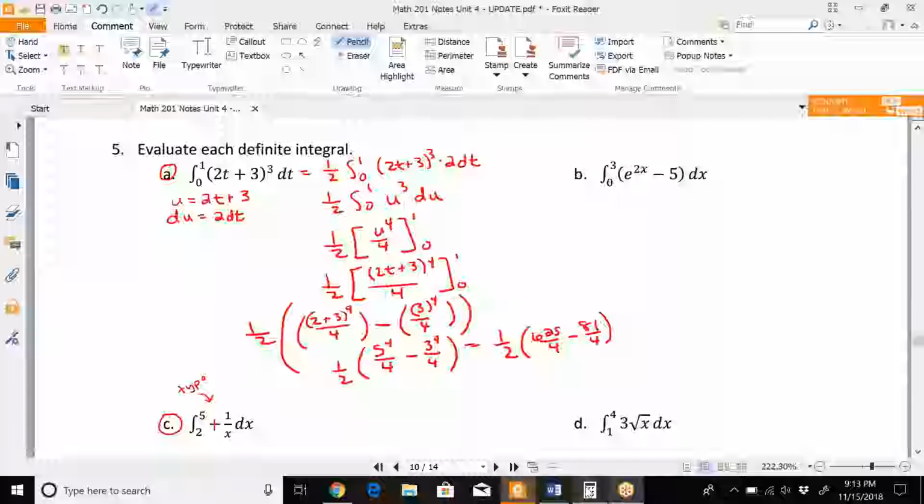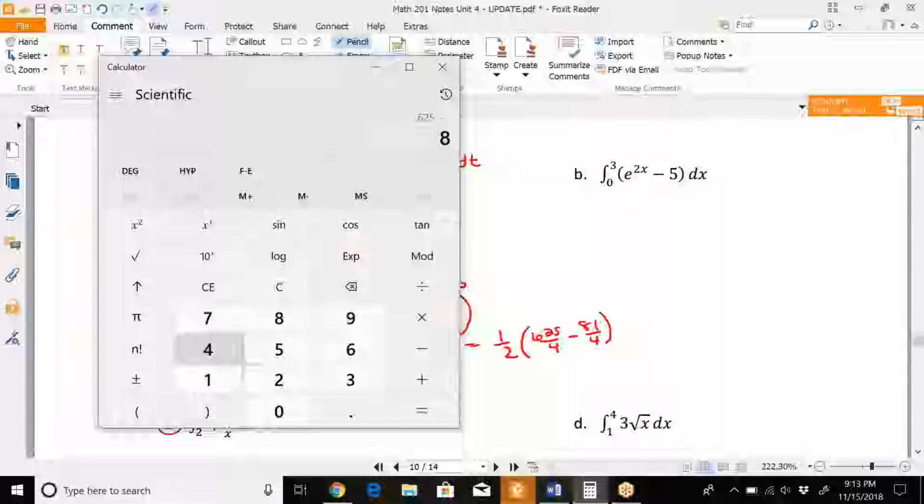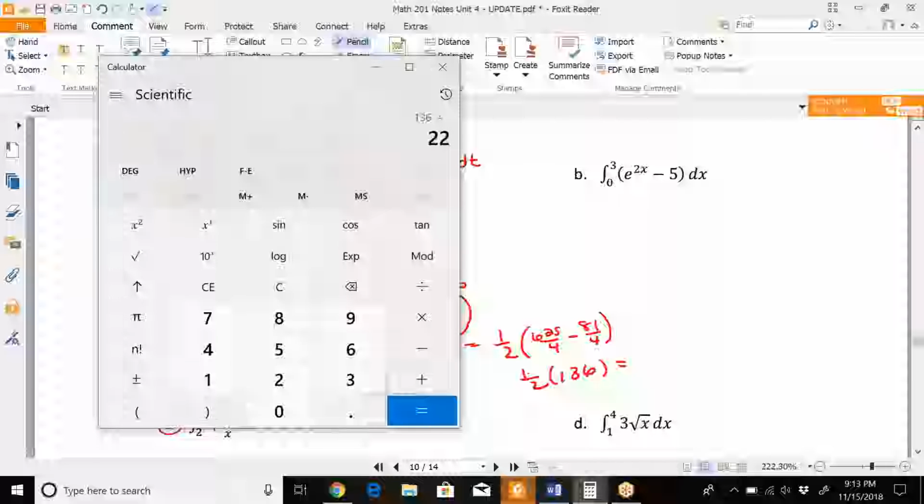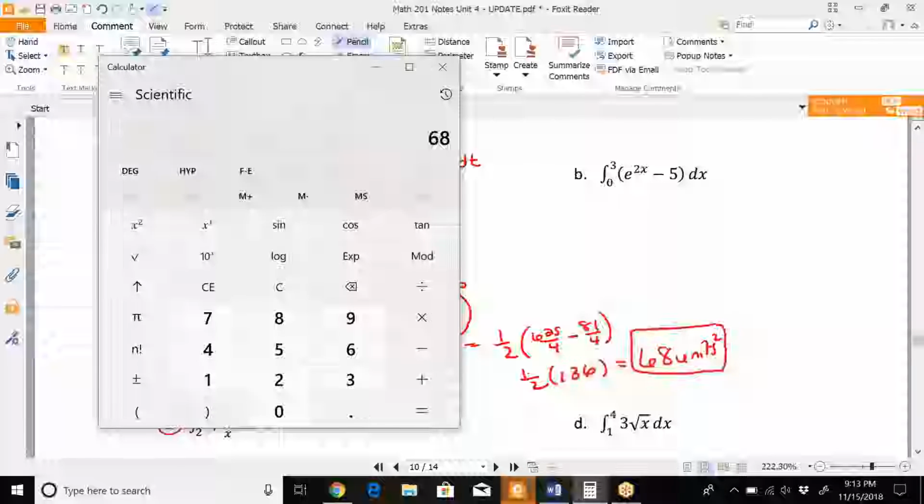We'll subtract those. That's 544, and I'm going to go ahead and divide that by 4. I believe it goes evenly. Yep, so this is 1/2 of 136, which would be 68 units squared. So there is that one.